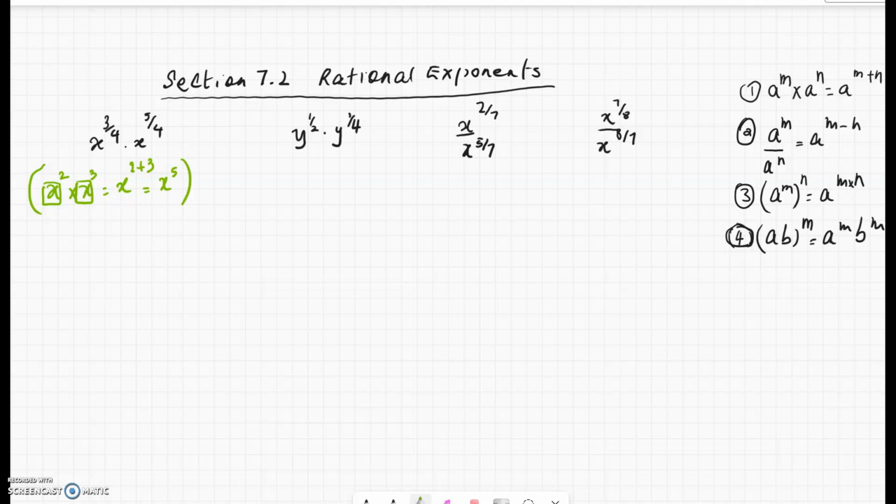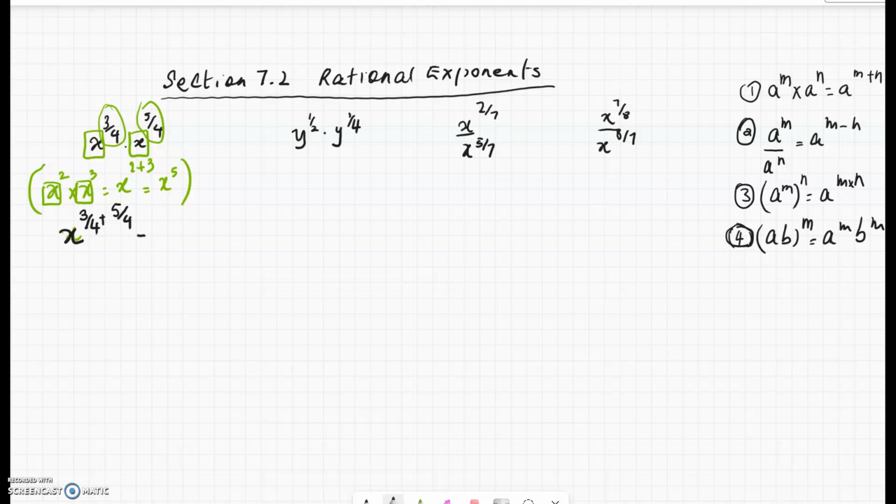In the exact same way, if we have rational or fractional exponents, positive or negative, it doesn't matter, use the exact same rules. The base is the same. So therefore, you have x to the 3/4 plus 5/4. The base remains the same.